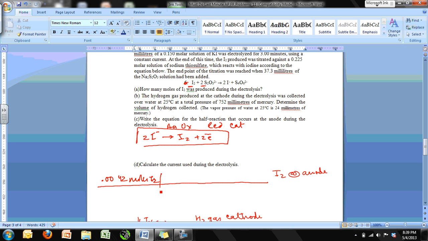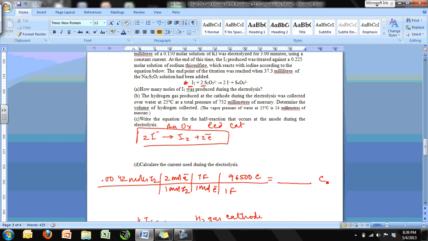I will erase this so you don't get confused. To make 1 mole of iodine, you need 2 moles of electrons, and 1 mole of electrons is 1 Faraday, and 1 Faraday is 96500 coulombs. This way, you'll calculate the coulombs.